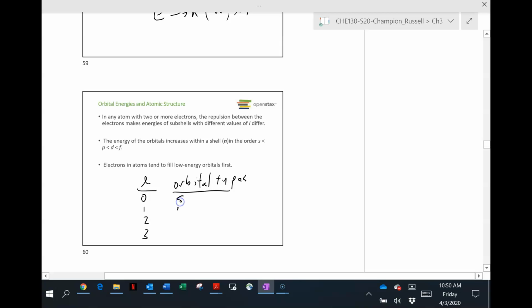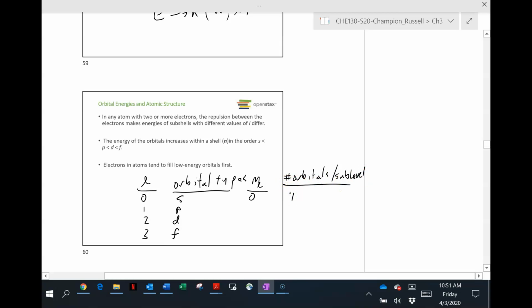and that corresponds to orbital types S, P, D, and F. You may remember that the m sub L value can vary depending on the L value. So if L is 0, we can only have one value of m sub L, 0, and that means the number of orbitals in the sublevel is 1.